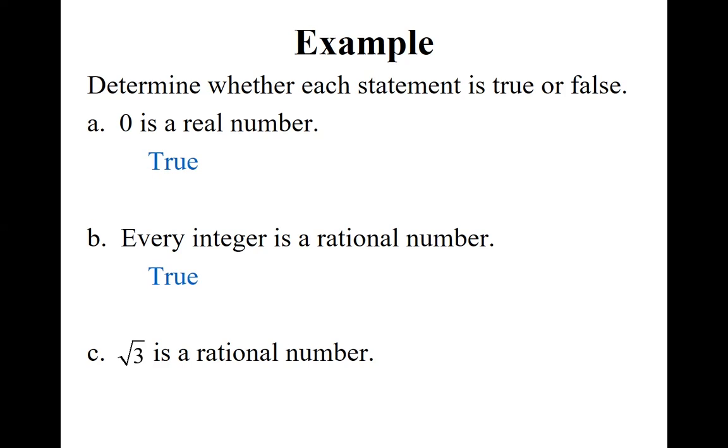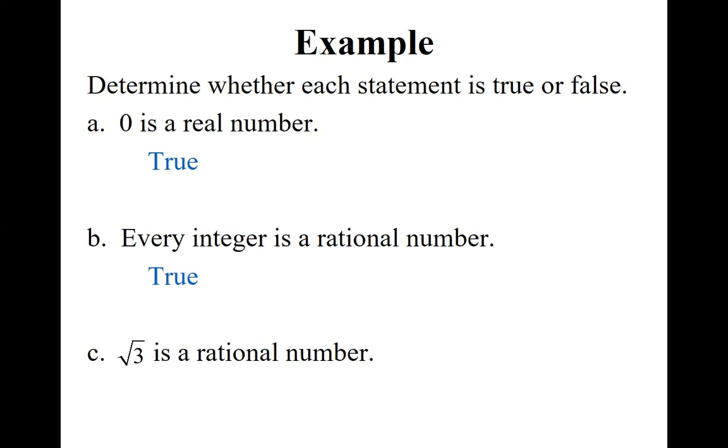C, square root of 3 is a rational number. So this goes back to what I was saying about the decimals. Do they terminate? Do they repeat? Or do they go on and on forever without repeating? Well, when it comes to radicals, when it comes to square roots, unless it is a perfect square, like the square root of 9, which is 3, or the square root of 16, which is 4, or the square root of 25, which is 5.